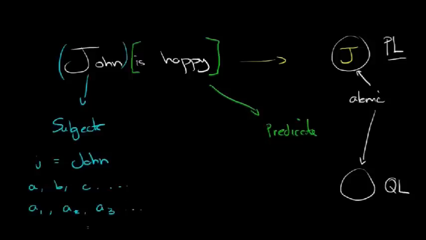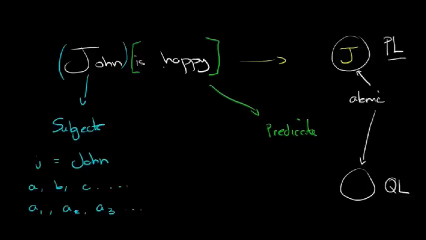So we've got an unlimited amount of subject letters that we can use, and these lowercase letters will stand for the subjects of English sentences. This is where we've got a definite subject. We're talking about John in particular. There is someone who is John, and that's who we're identifying with this subject letter.